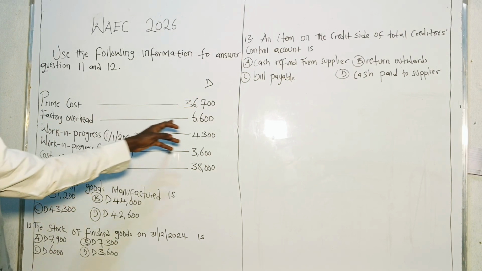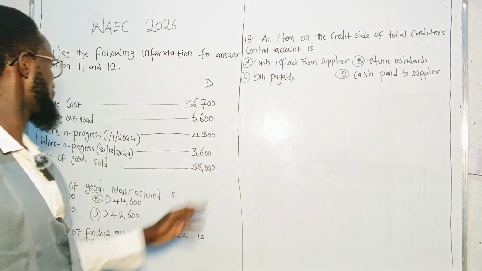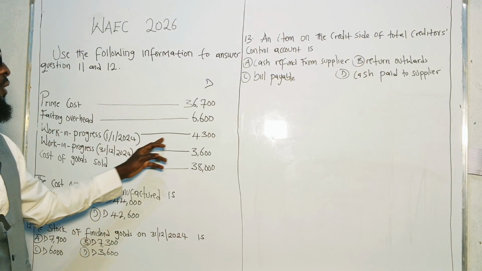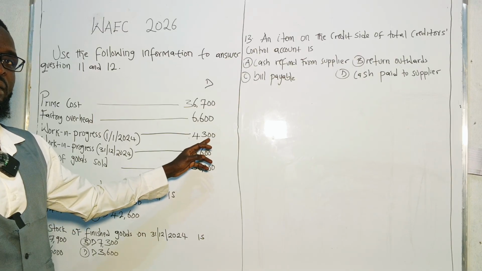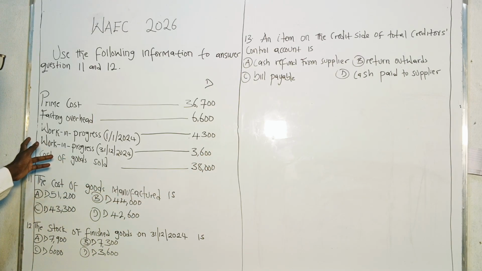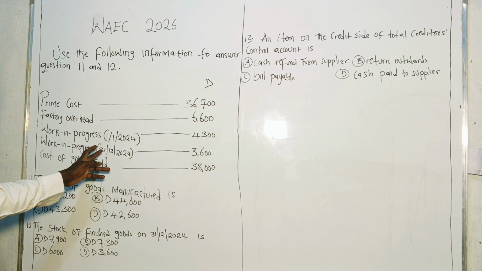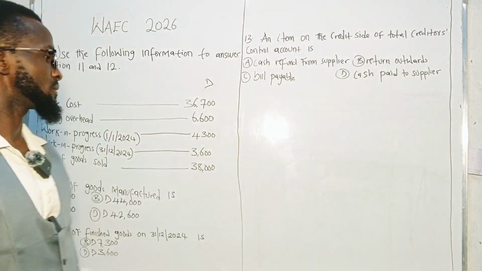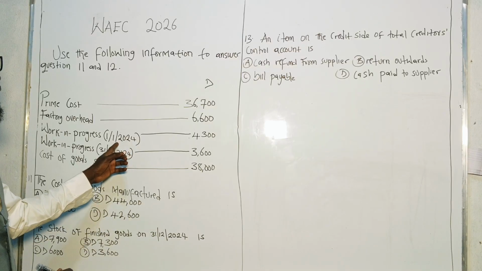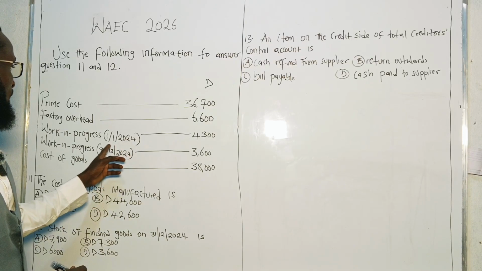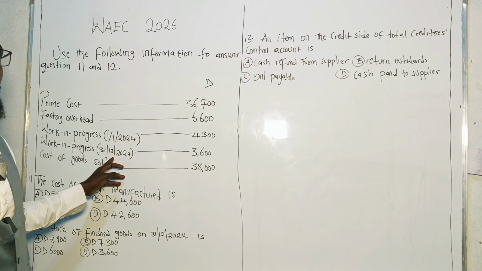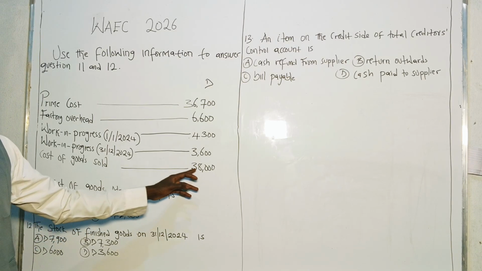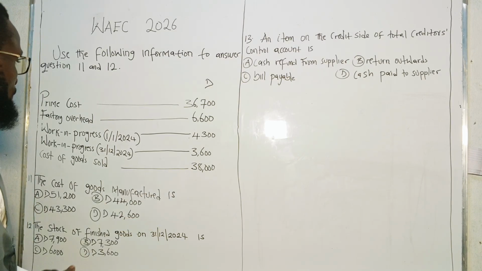Factory overhead $6,600. Work in progress on 1st January 2024, $4,300. Work in progress on 31st December 2024, $2,600. That is to say, this is the opening stock of work in progress, and this is the closing stock of work in progress. Then cost of goods sold is $8,000.